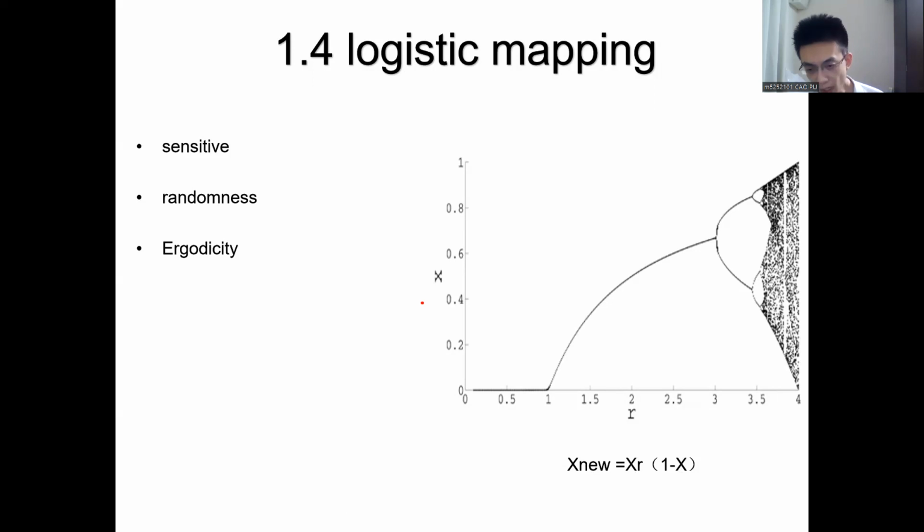Once a chaotic mapping is in the fully chaotic state, the generated numbers will traverse all of the certain space, which for this module is between 0 and 1. The generated numbers will traverse all of the numbers between 0 and 1, and none of them will be repeated. That is the ergodicity.